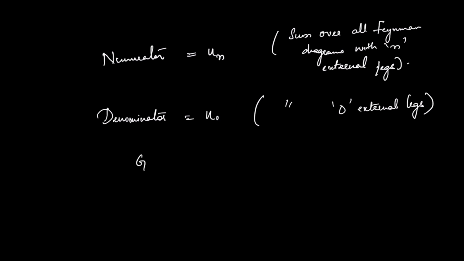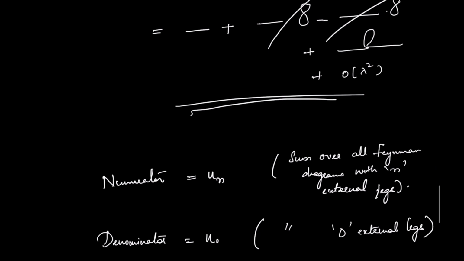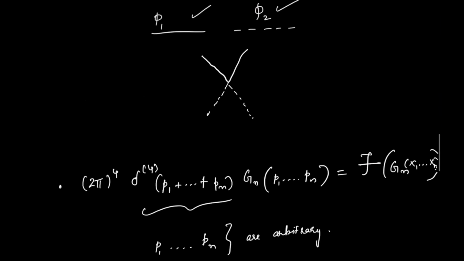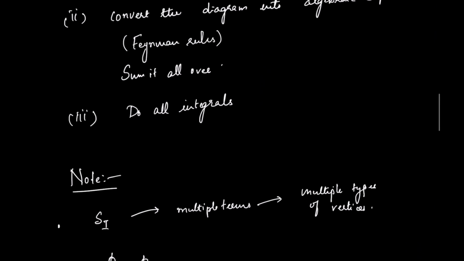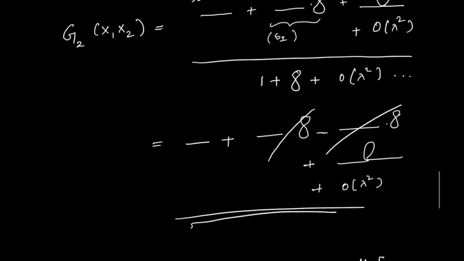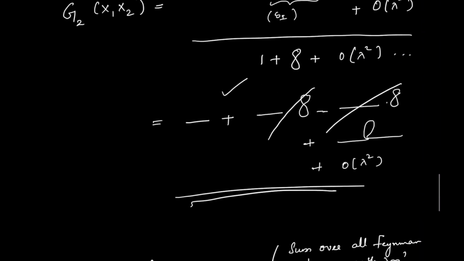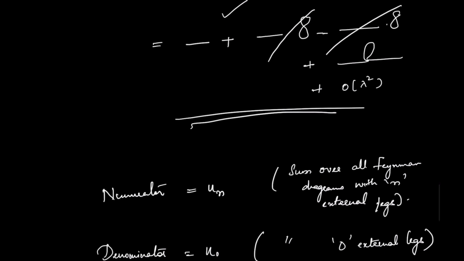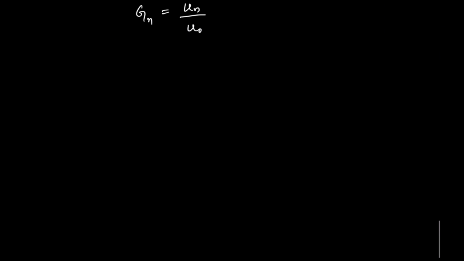Then the n-point function can be written as Un by U0, and this is the sum over all the diagrams with n external legs but without any vacuum bubbles. So that's what we have seen here. Once you divide by U0, you will get the sum over all the Feynman diagrams, but you have to remove all the vacuum bubbles.